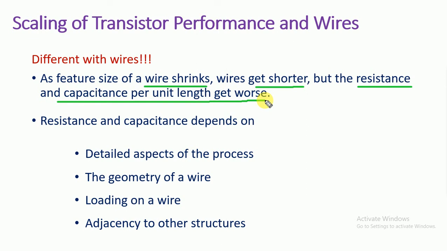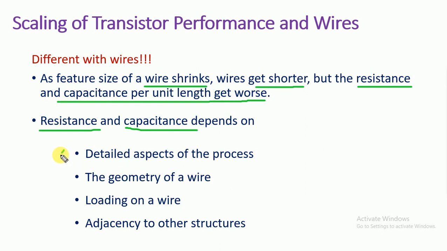So when we use wires and the size of the wires is reduced, it is okay, the size will be reduced, but the resistance and capacitance required for transmission will become worse. That means we require some resistance and some capacitance, but if the size reduces, it will affect the entire performance. So we have these two properties to be maintained, resistance and capacitance.